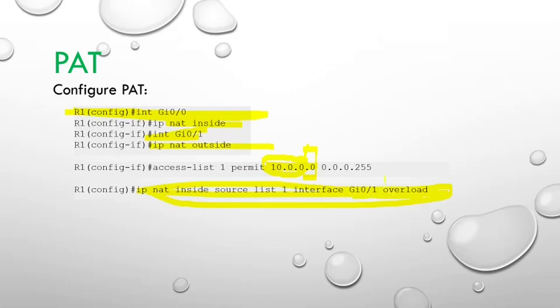No? And then the keyword overload that specify that you are trying to configure your port address translation. Okay, so that's the three different types of network address translation. First, the static, which assigns 1 to 1, and dynamic, which uses specific global addresses, and your PAT, which uses port numbers.